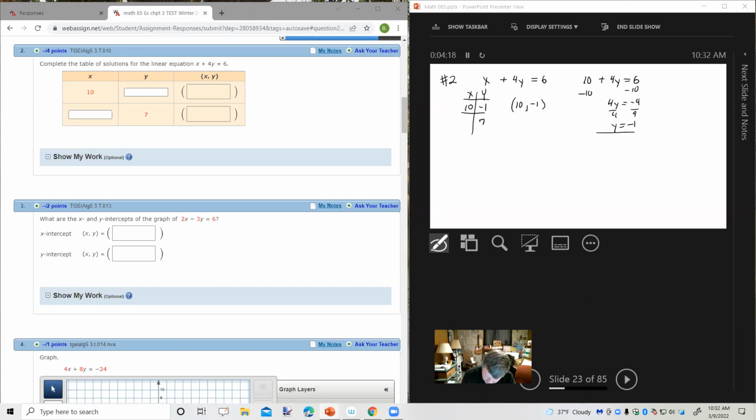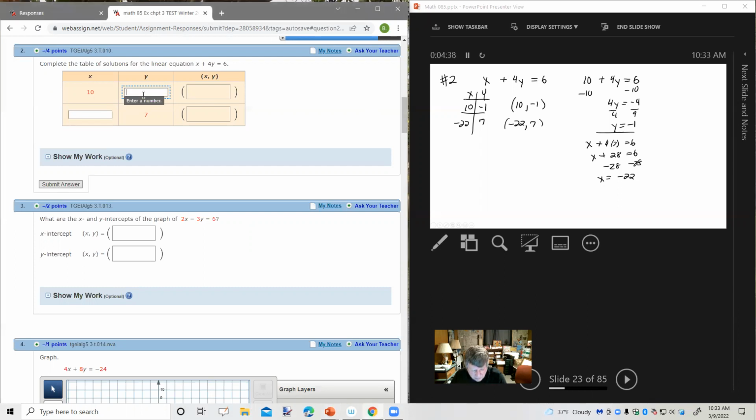Then if y is 7, we've got x plus 4 times 7 equals 6. x plus 28 equals 6. Subtract 28 from both sides, x equals -22. So our second ordered pair is (-22, 7). So now I'm going to put in a -1 and a -22.